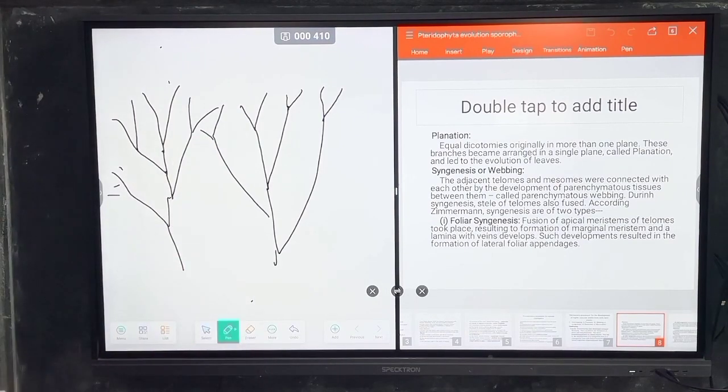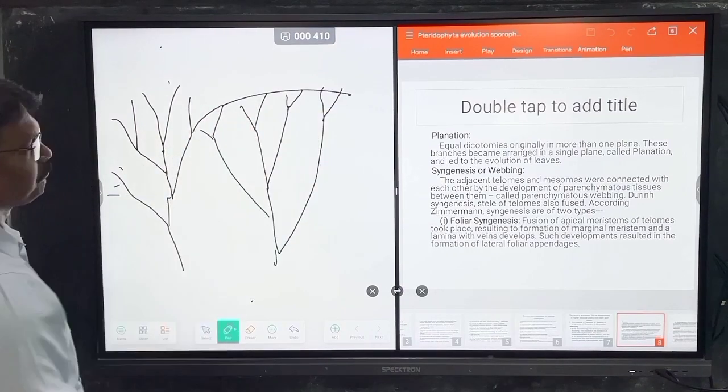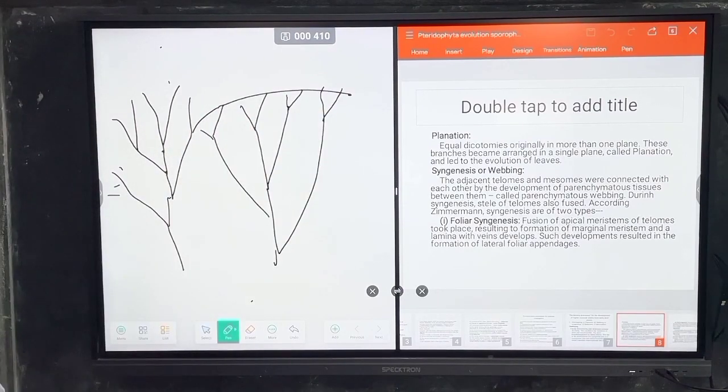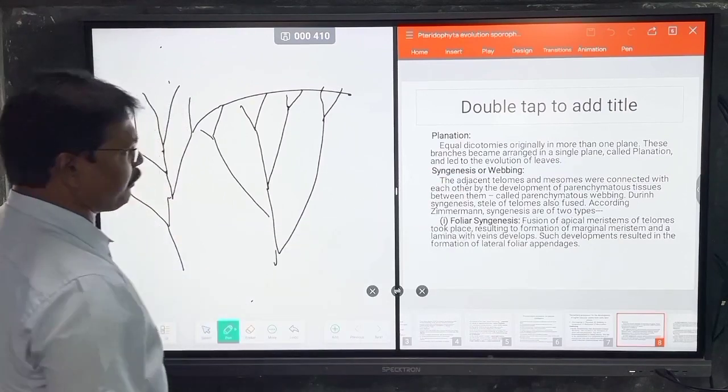The equal dichotomized branches, originally in more than one plane, become arranged in a single plane. This is called planation, and led to the evolution of leaves. And the next elementary process is syngenesis and webbing.